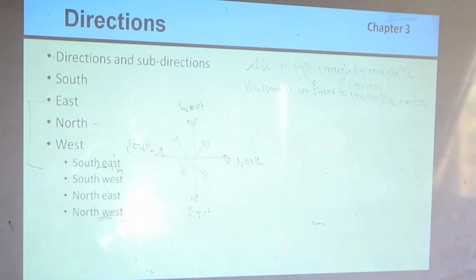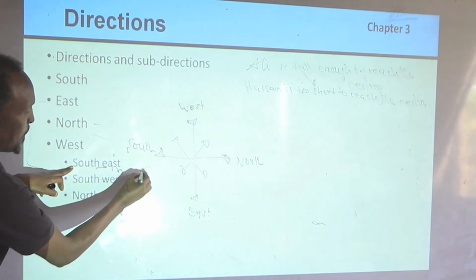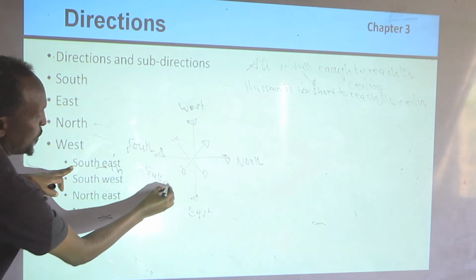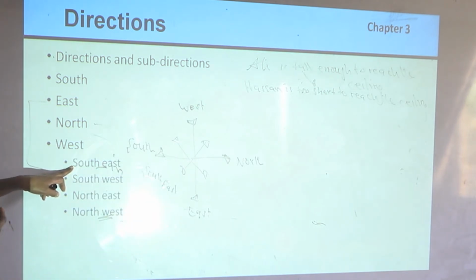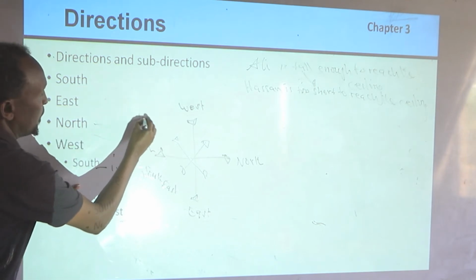In between we have sub-directions. We have southeast. That means between south and the east. We call southeast, right? And we have southwest. Okay?